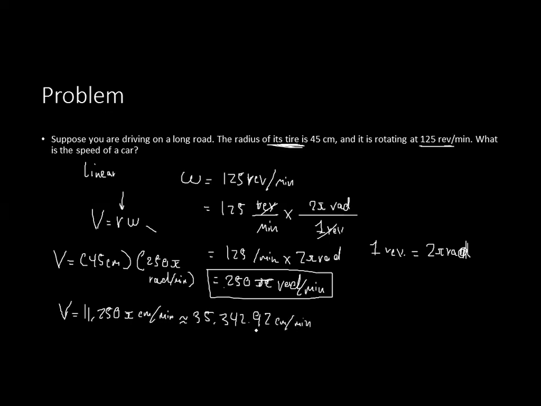So in 1 minute, the car can reach 35,342.92 centimeters. And yay, this is our answer. That's it, okay? Just remember, 1 revolution is equivalent to 360 degrees, which is equivalent to 2 pi radians. All right?